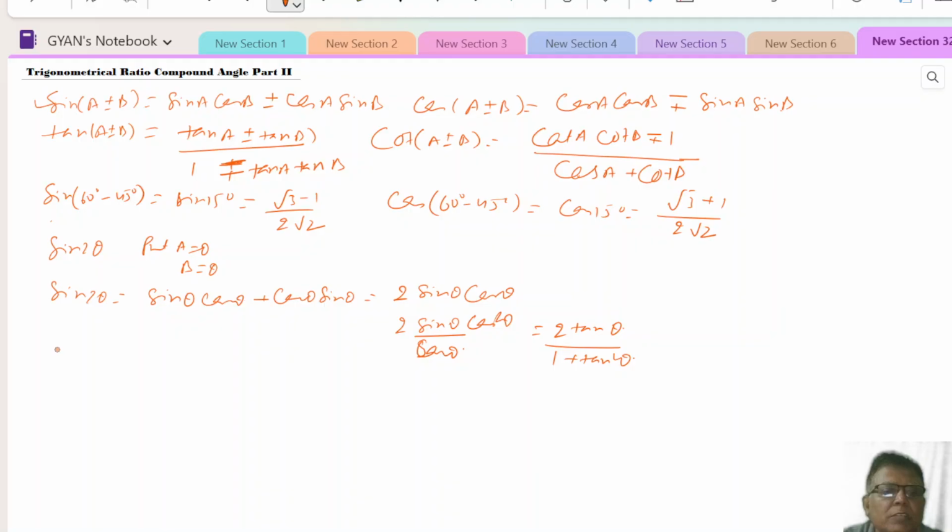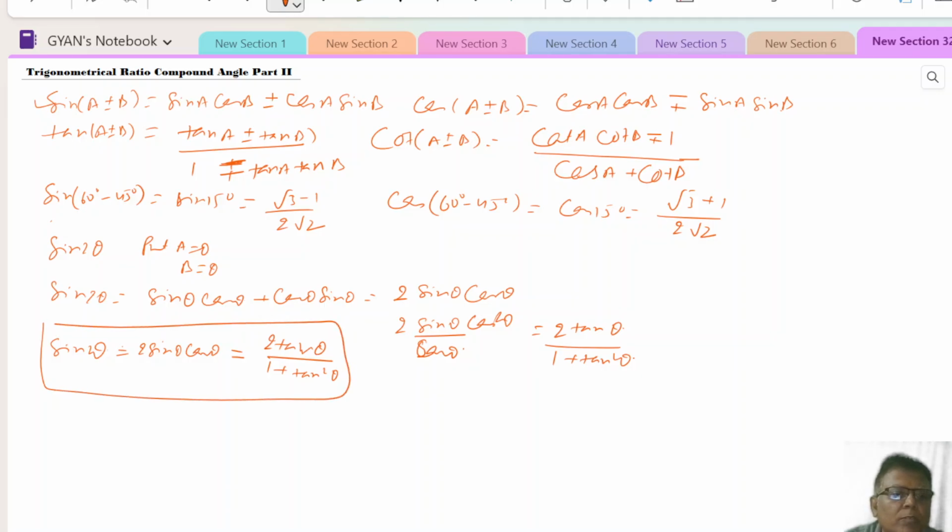So sin 2 theta is equal to 2 sin theta into cos theta, which is equal to 2 tan theta divided by 1 plus tan square theta. So this is a very important formula. You remember. Now come to cos 2 theta.